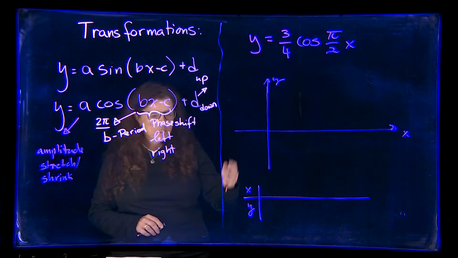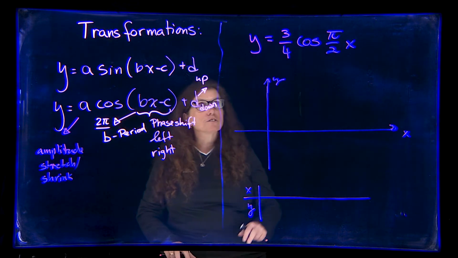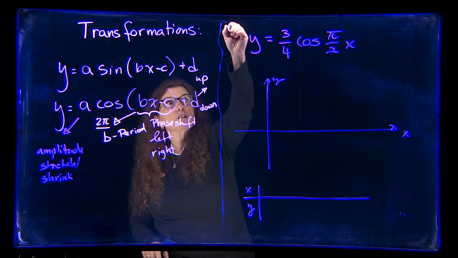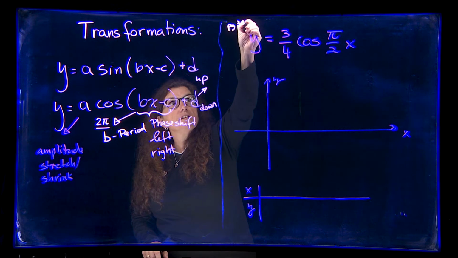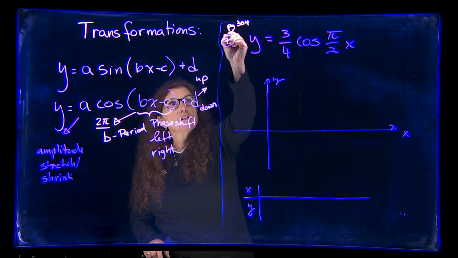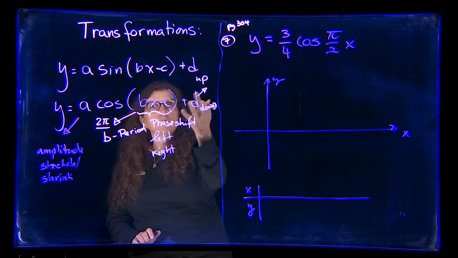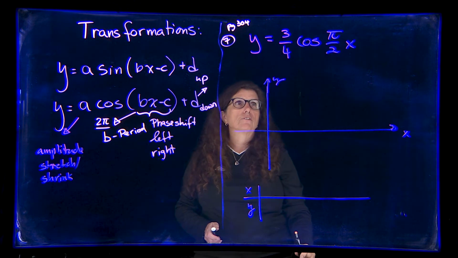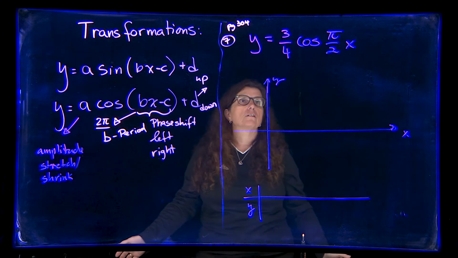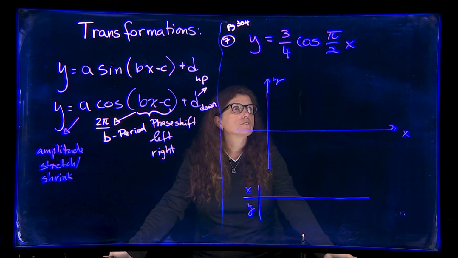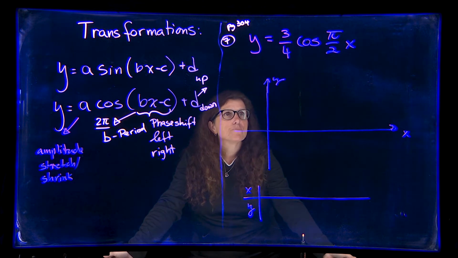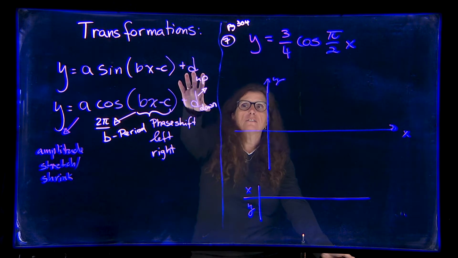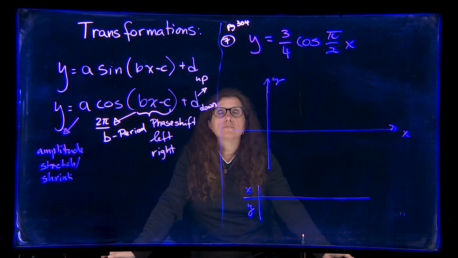amplitude. So here's a problem that's actually out of the book on page 304, number 7. Let's take a look at this problem and see what we match it up with the general form and see what we got going here. We have 3/4 cosine of pi halves x. So we definitely are not going up or down here with this problem.